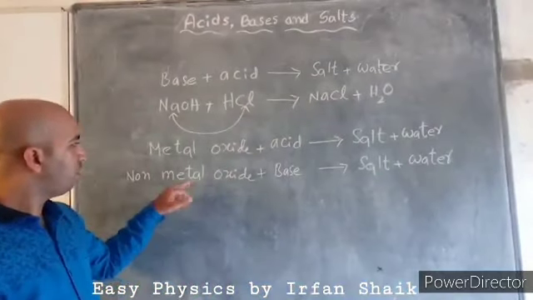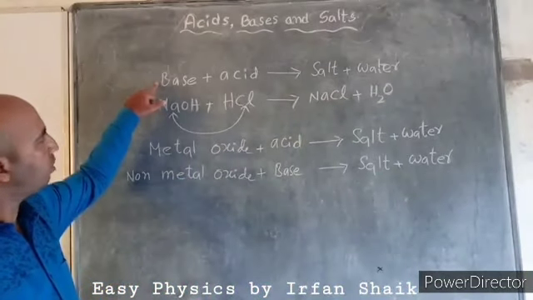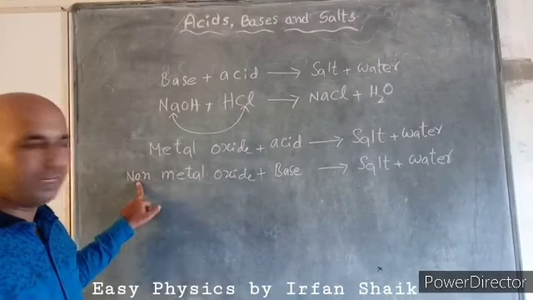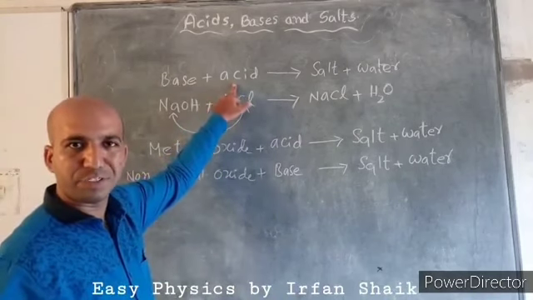So observe this reaction and this reaction. Here the reaction between a non-metallic oxide and a base forms salt and water. So by observing these two chemical equations, we can say that the nature of the non-metallic oxide is acidic.